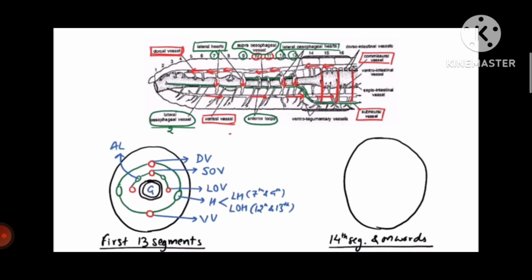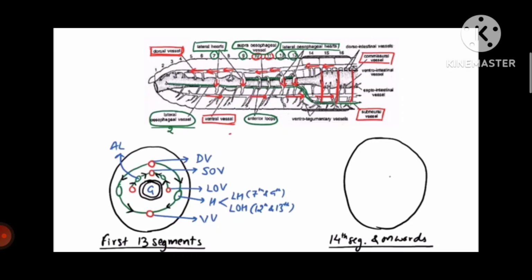Now, what is the direction of flow of blood? So, direction of flow is like this. From dorsal to ventral via hearts, and from lateral esophageal vessel to superior or supraesophageal vessel via anterior loops. So this is the blood flow or circulation in first 13 segments.